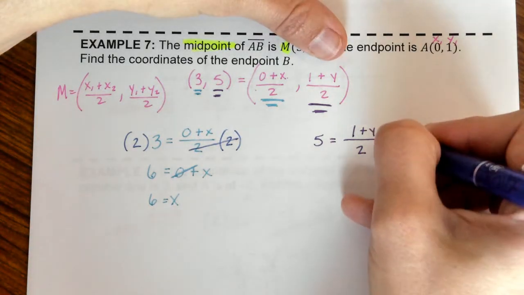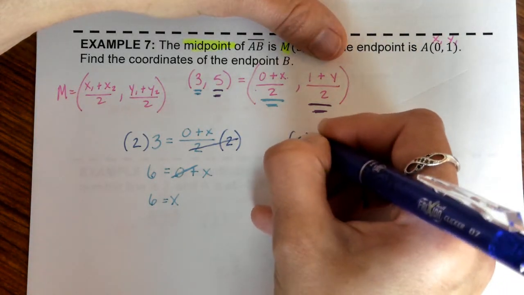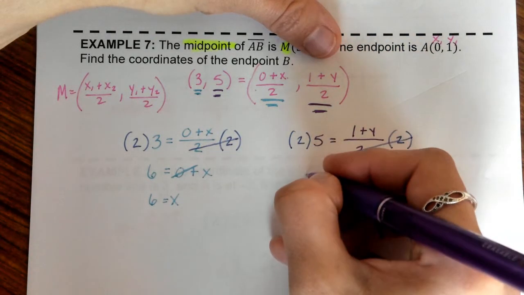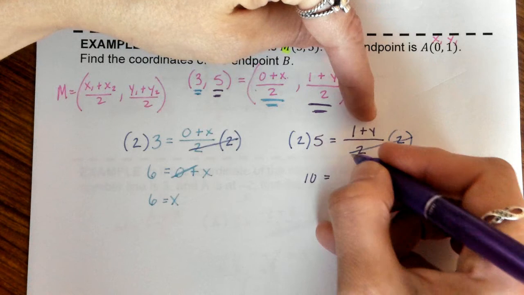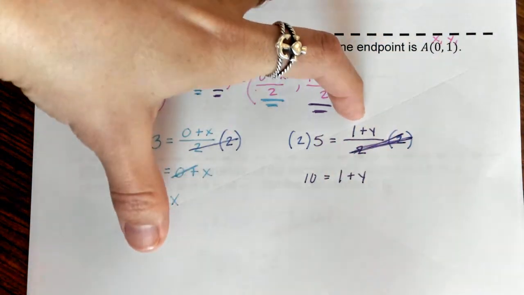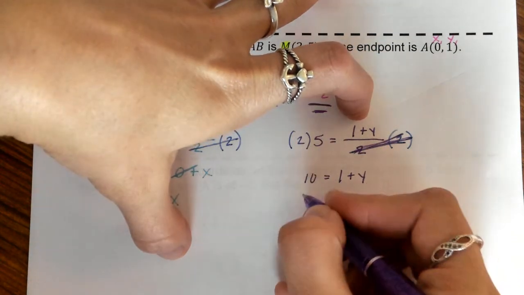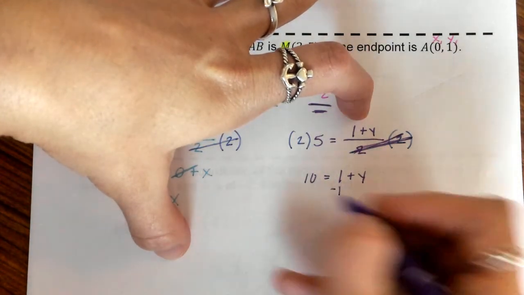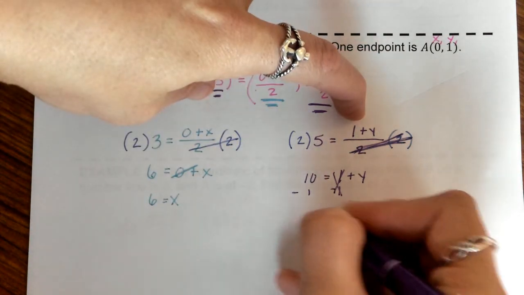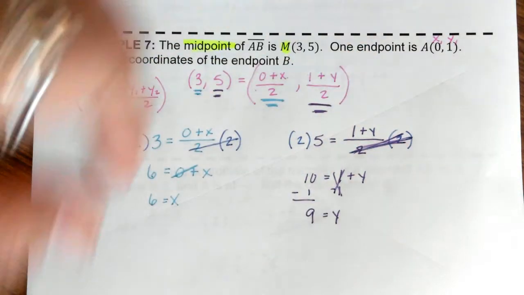Cancel out your denominator first by multiplying both sides by 2. We're going to find out that we have 10 equals 1 plus y. And with our math, we know that we need to get this constant to the other side, so we're just going to subtract 1 from both sides. These cancel. We're going to find out that y is going to equal 9.